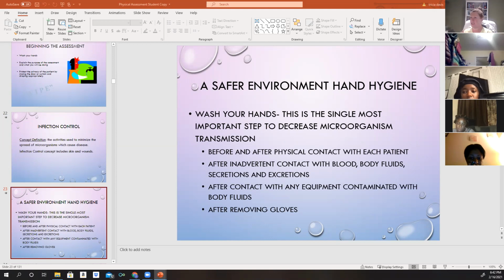Hand hygiene is the single most important step to decreasing microorganism transmission. So you're going to wash your hands before and after physical contact with each patient, after inadvertent contact with blood, body fluids, secretions, and excretions, after contact with any equipment that could be contaminated with body fluids, and after removing your gloves.